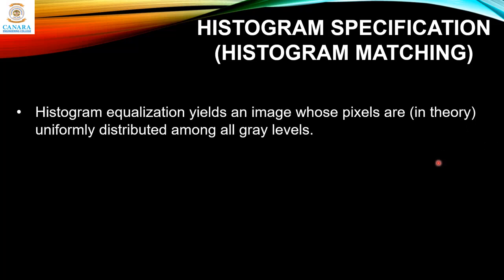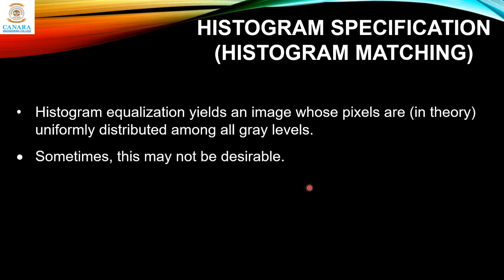In the previous lecture we learned about histogram equalization, which basically yields an image whose pixels are uniformly distributed among all gray levels. But it doesn't work all the time, and we may not want equalization to be done all the time.